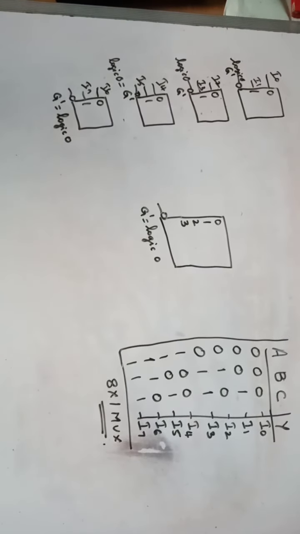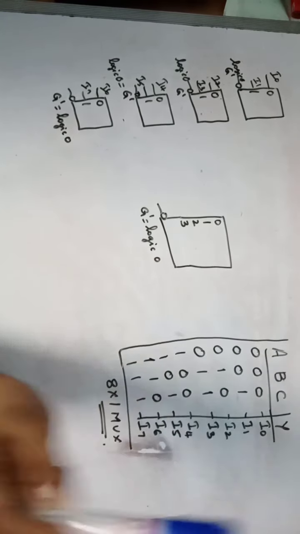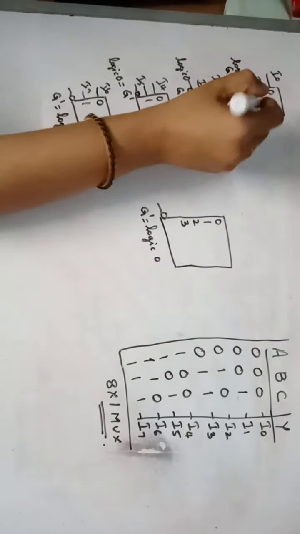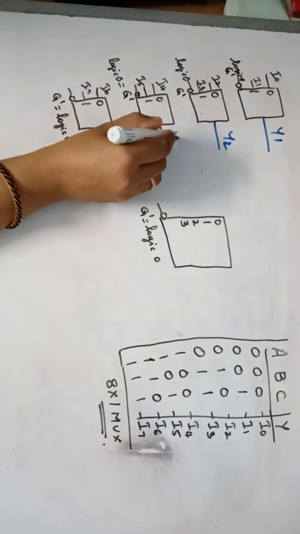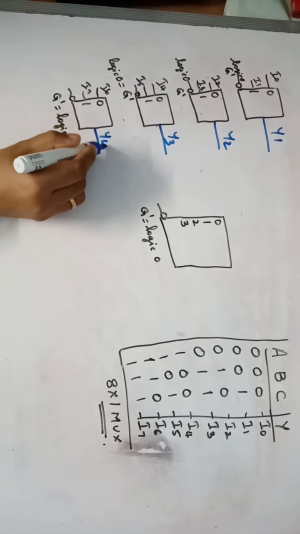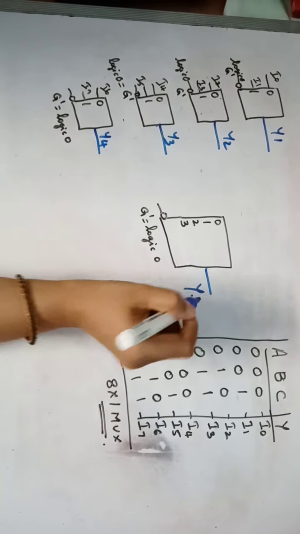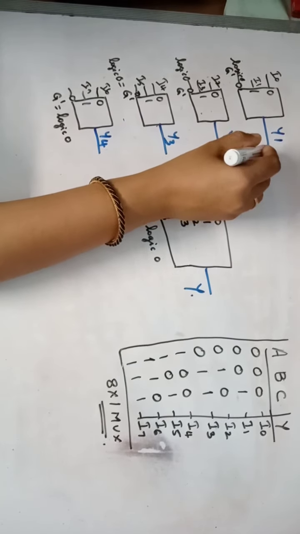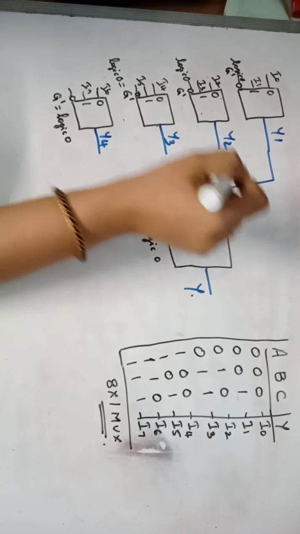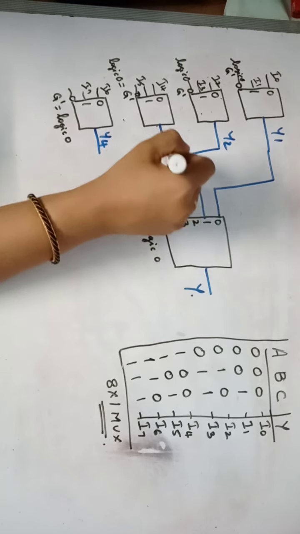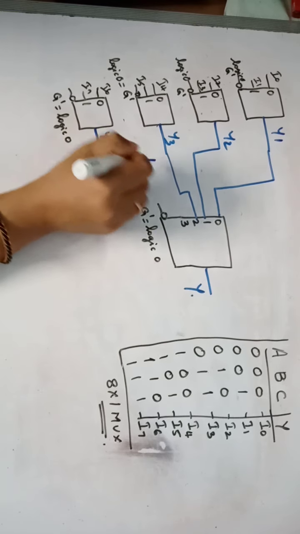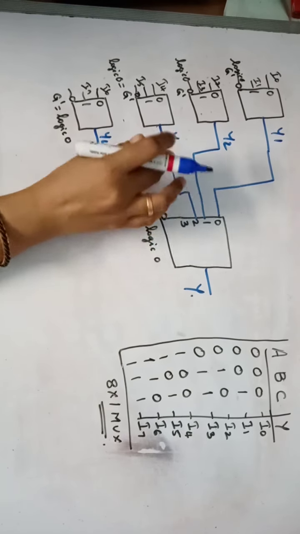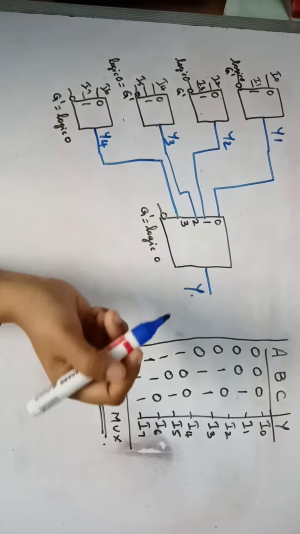Okay. So now what do we need? We need 0 0 0, I0 should be selected. So here you have say Y1, Y2, Y3, Y4. So by now you must be knowing that these Y1, Y2, Y3, Y4 are connected to these lines, just like in the case of the 4 by 1 mux using 2 by 1 mux ICs, just like that.